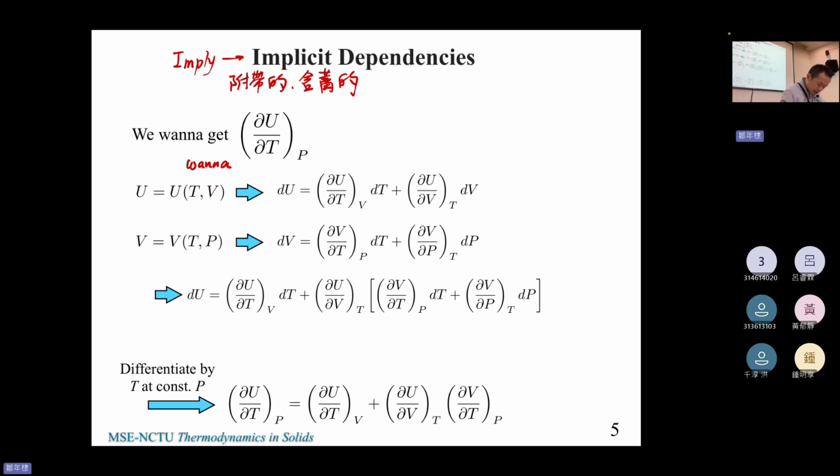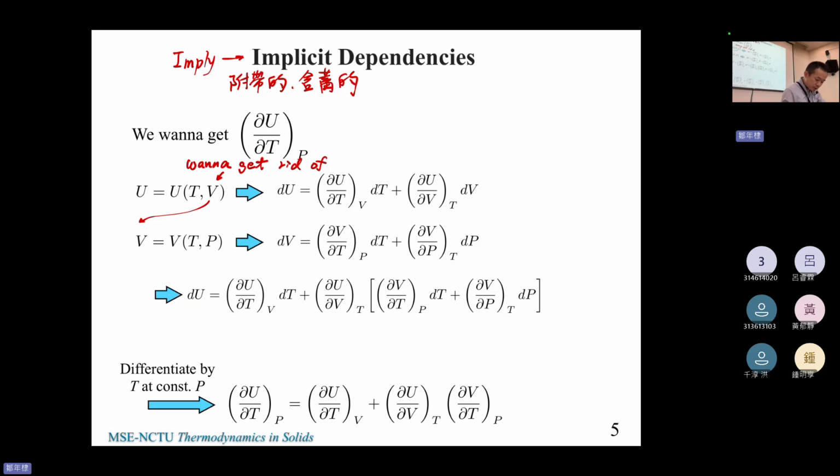We want to get rid of the V here. Okay, we don't want that V to appear in this relationship. Although we know that U and T and P are all connected to the V, I want to get rid of that.